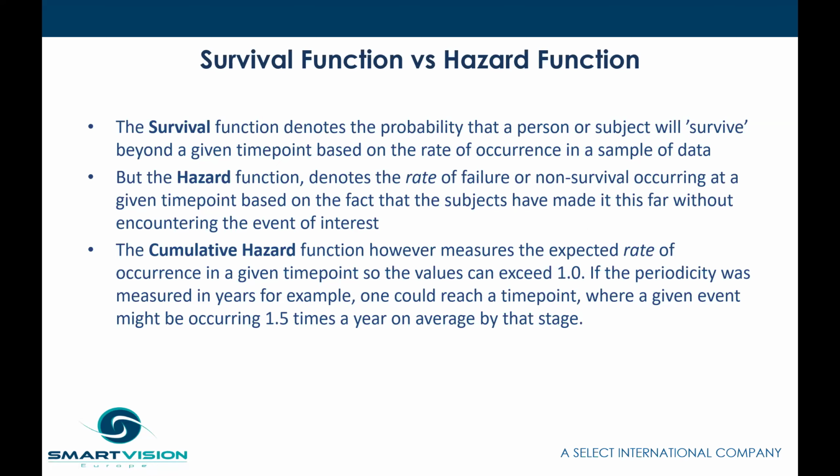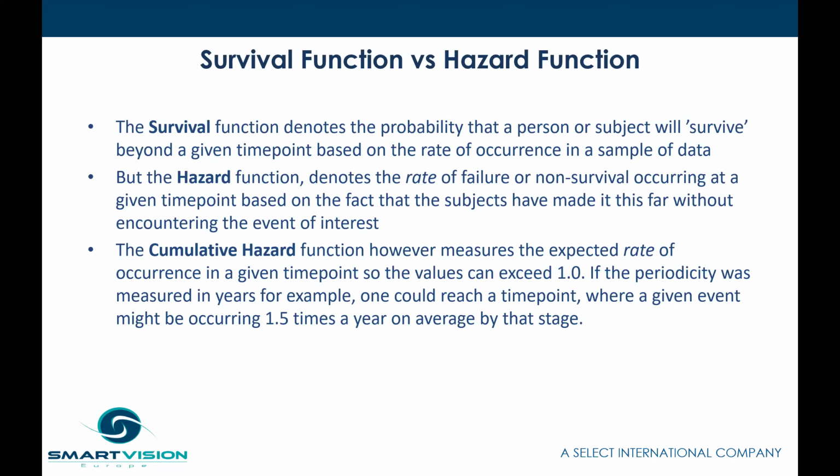A rate is different from a percentage because a rate is telling you how many times it happens in a time point. So if the periodicity was measured in years, for example, you could reach a time point where a given event like a stroke or a fall might be occurring on average 1.5 times a year, or twice over 3 years.